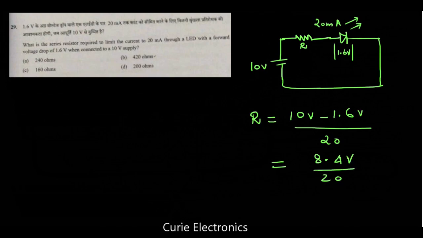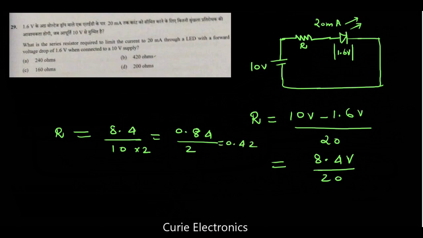How do you simplify? I write the denominator as 10 multiplied by 2. So I will get 0.84 by 2, which is 0.42. This value is in kilo ohms.